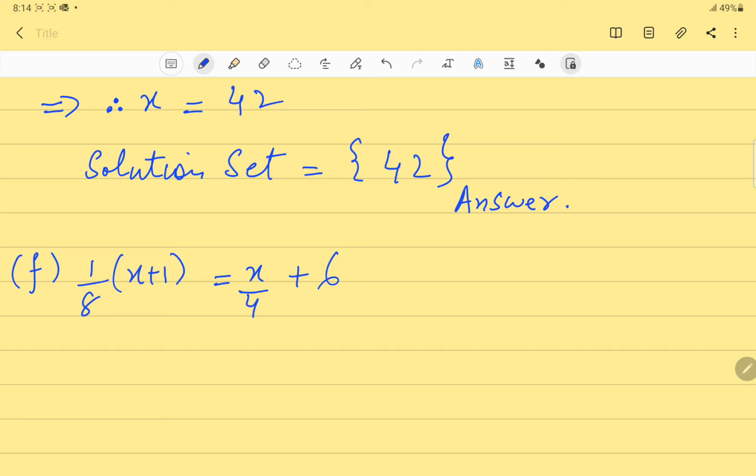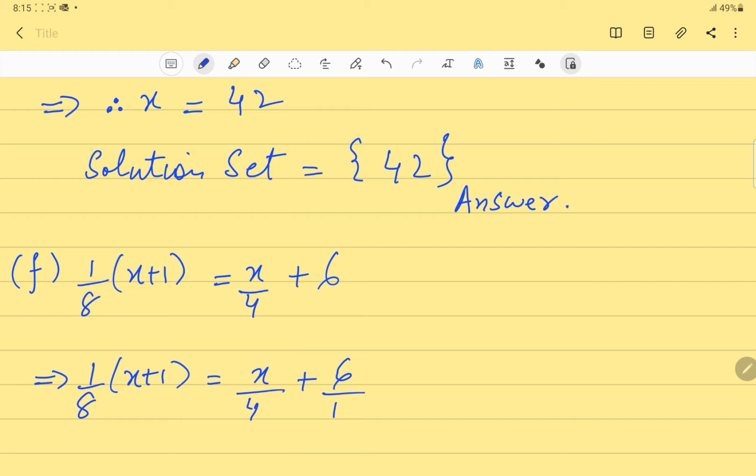Although one of the terms does not have any denominator, if we don't have any denominator we can consider it as 1. So let us write this equation one more time. 1 over 8 into x plus 1 is equal to x over 4, and we will write 6 over 1.